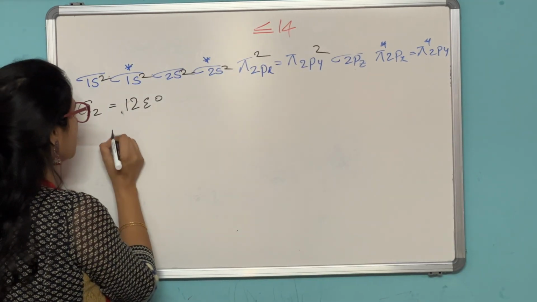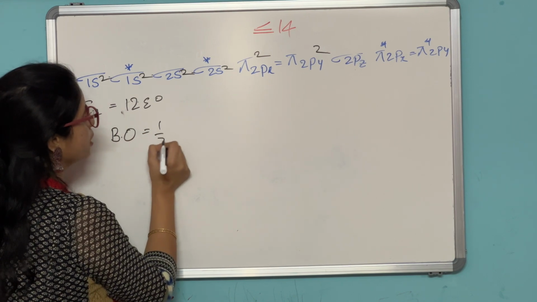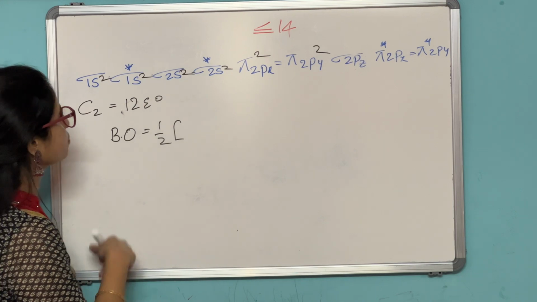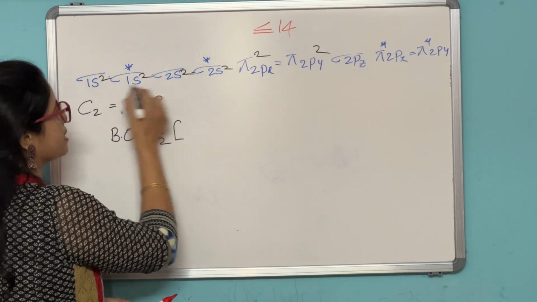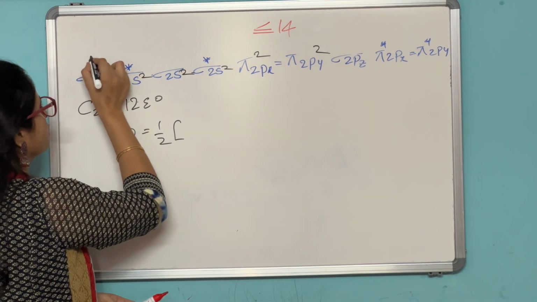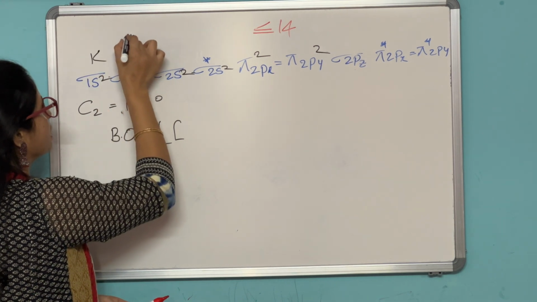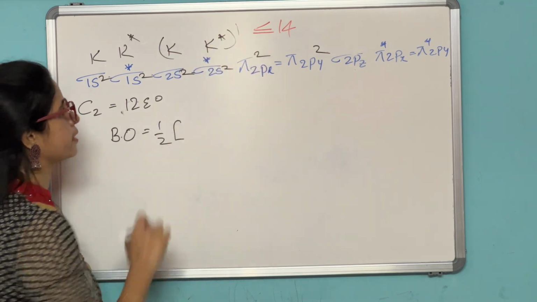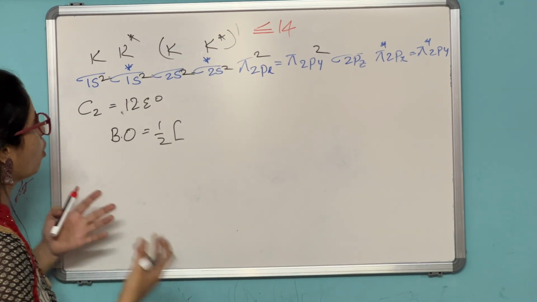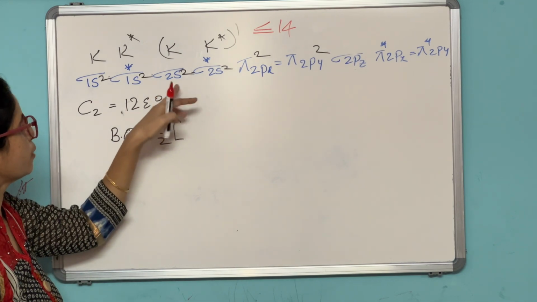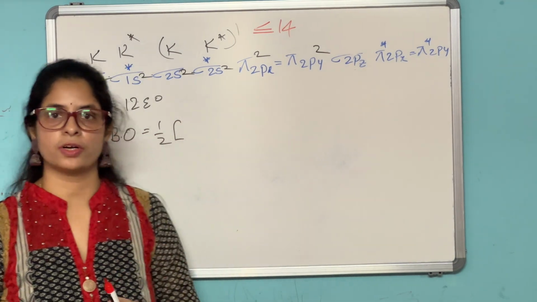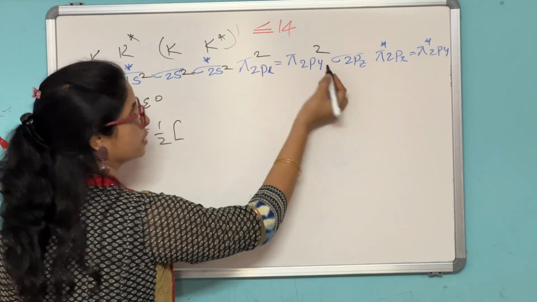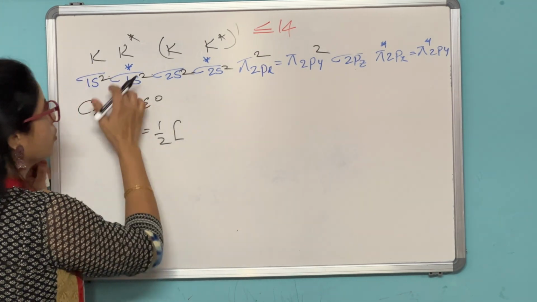Okay. Calculate the bond order. Bond order is equal to half of the difference between the number of bonding and anti-bonding electrons. I told you that if these two shells are completed, we can omit them. So K and K star can be omitted, and there is no change in the bond order if you omit them.